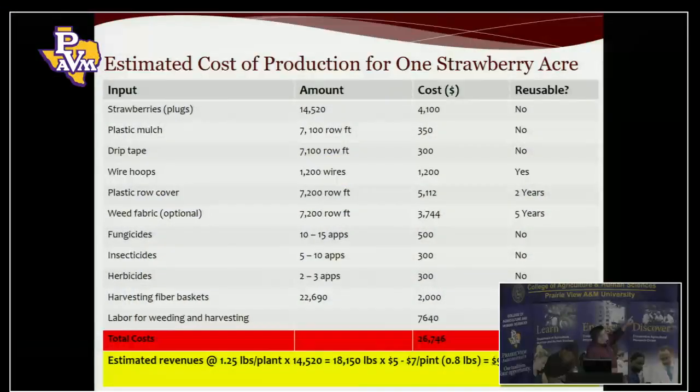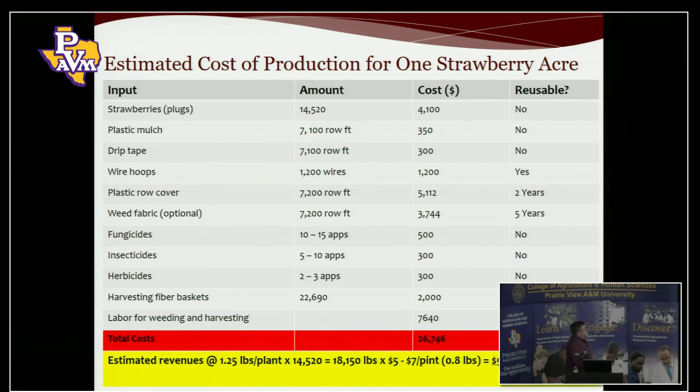So I think I've already put on 12,000 miles this fall. So anyways, somebody was asking me about cost of production, and this is what I've estimated for our Lubbock area if you want to do an acre of strawberries, but it also includes low tunnels. So it's plastic mulch, drip tape, wire hoops, plastic row cover. That's a pretty significant cost for an acre.